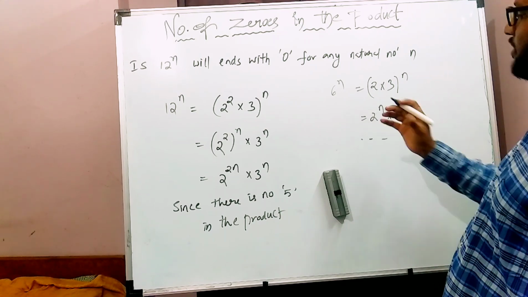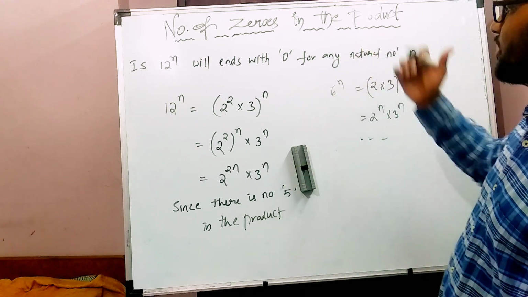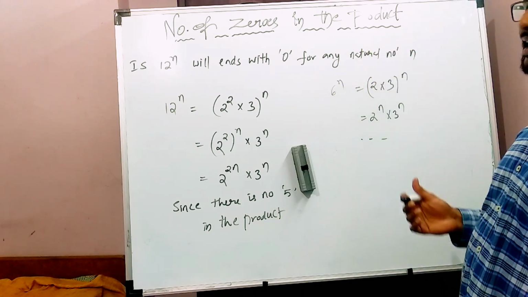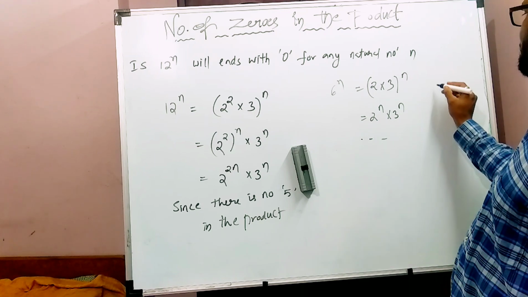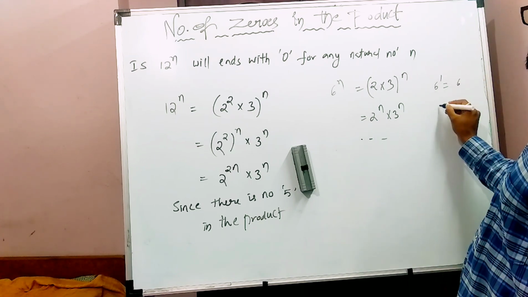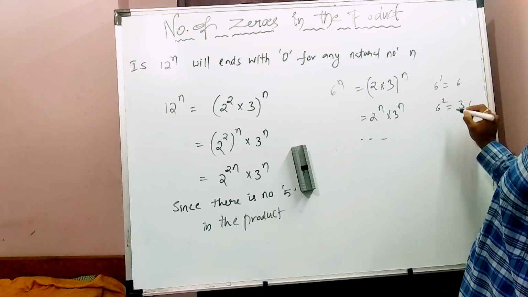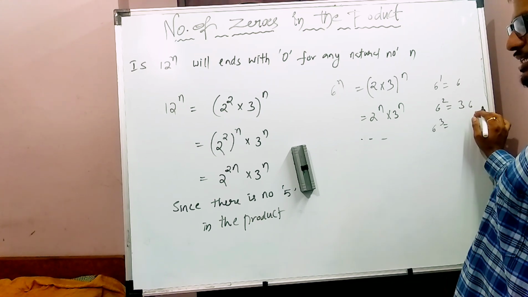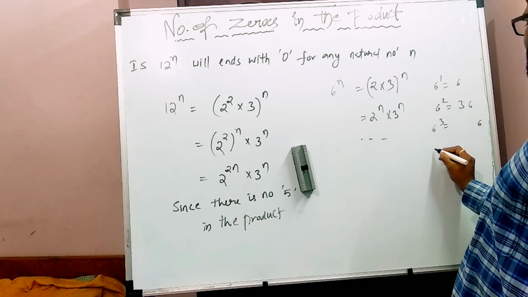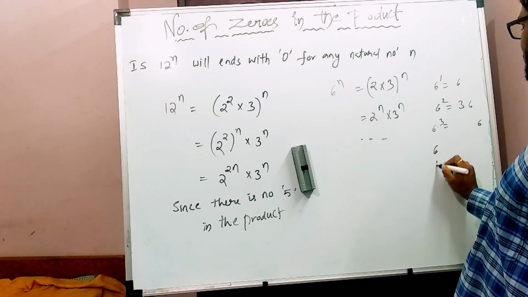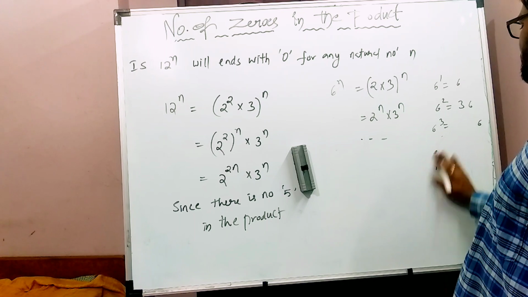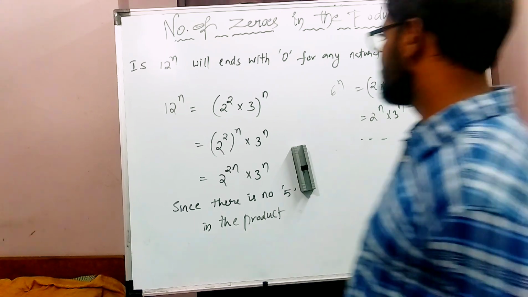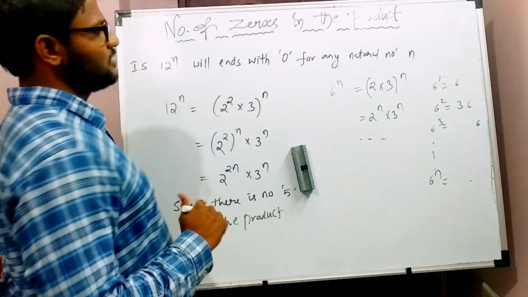Since there is no 5 in the product, this 6 power n also does not end with 0. 6 power n ends with 6 only. Because 6 to the power of 1 is 6. 6 to the power of 2 is 36. 6 to the power of 3, 36 into 6, again ends with 6. So 6 to the power of n also ends with 6 only, but not 0.